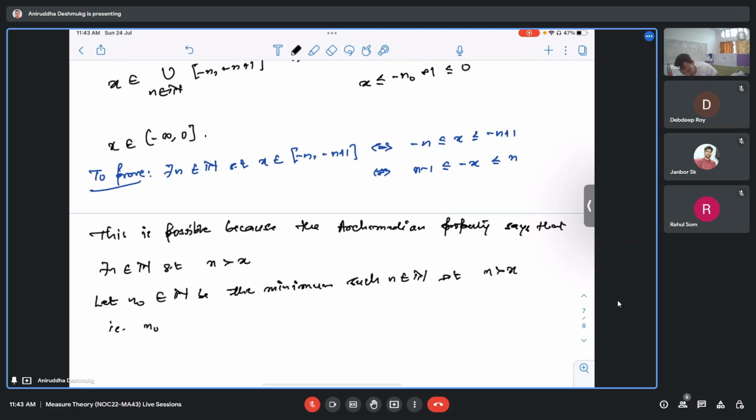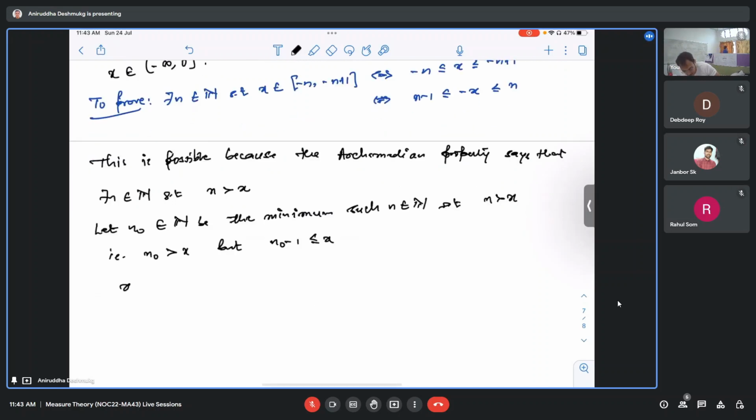That means n naught is bigger than minus x, but n naught minus 1 is not bigger than minus x, it is less than or equal to minus x. And therefore x belongs to [minus n naught, minus n naught plus 1]. Yeah, I mean to say minus. Even here it should be minus.